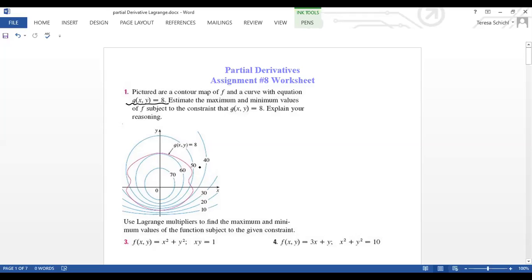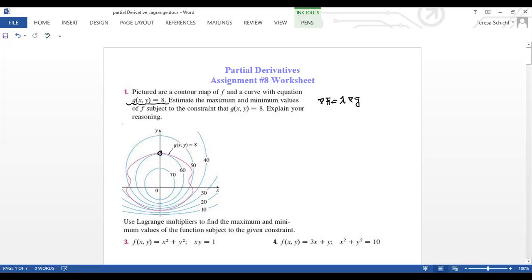When they meet, the Lagrange multiplier tells you that del f is equal to a constant times del g. So the level curves will touch, and I know this is the level curve where they touch.